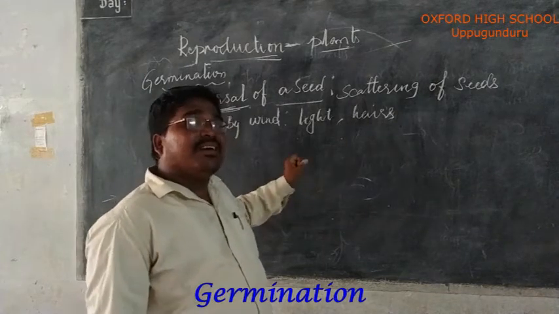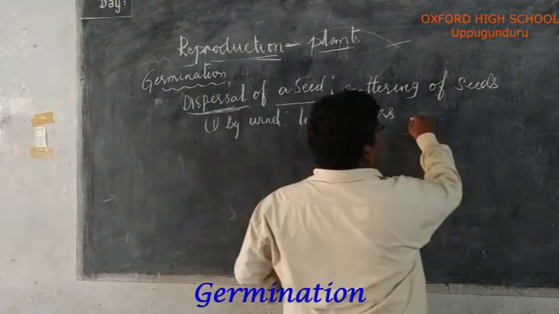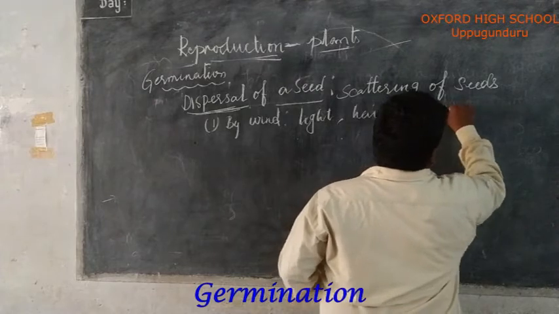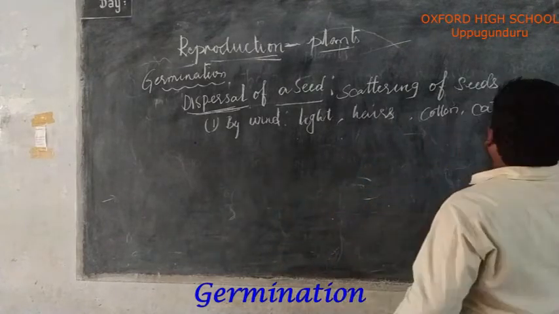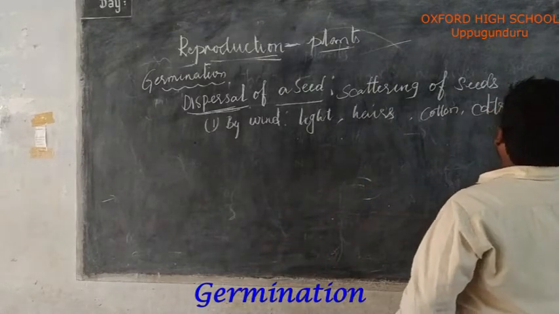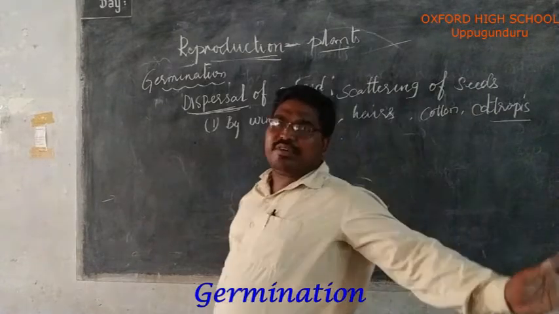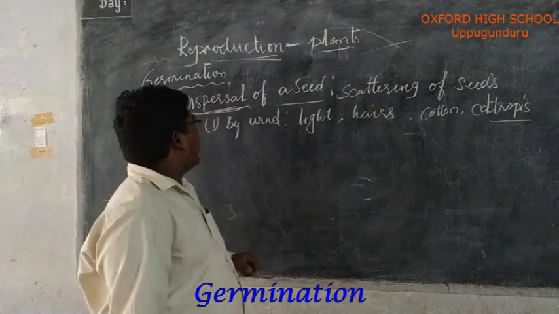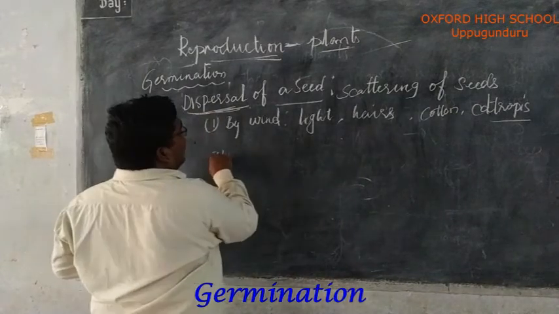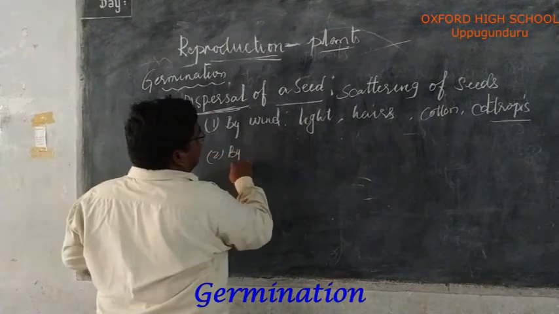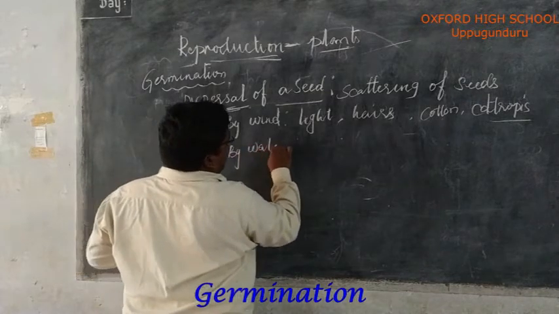Examples are cotton and calotropis. Calotropis means gilledu. In our surroundings, it is very common. And dispersal by water.